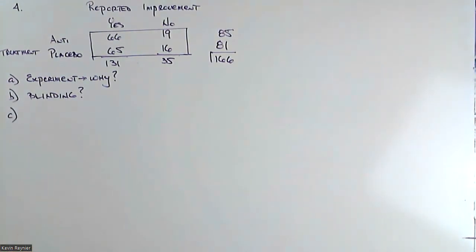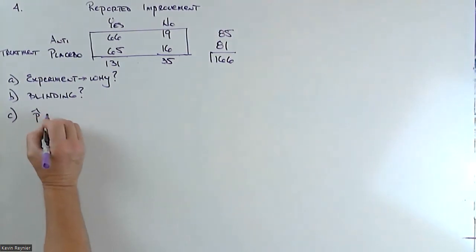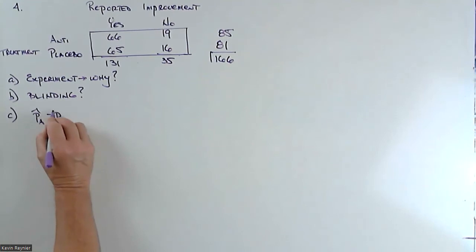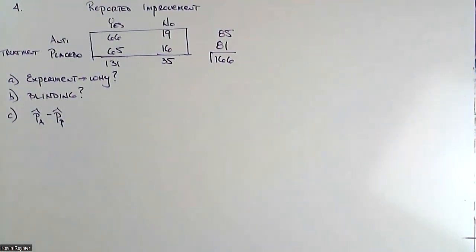C. Compute the difference in proportion of patients who self-reported an improvement in the symptoms of the two groups. So they want us to have the proportion in the antibiotic group minus the proportion in the placebo group. Now, our book hasn't really talked about this very much, but p with a hat means sample proportion.